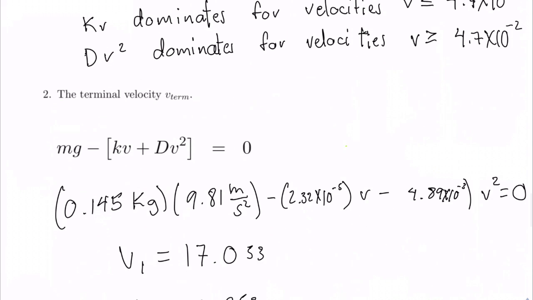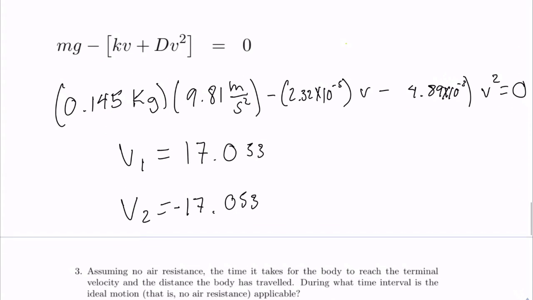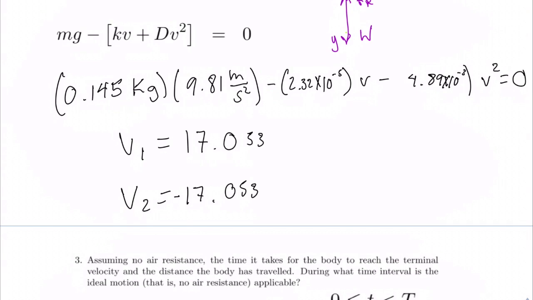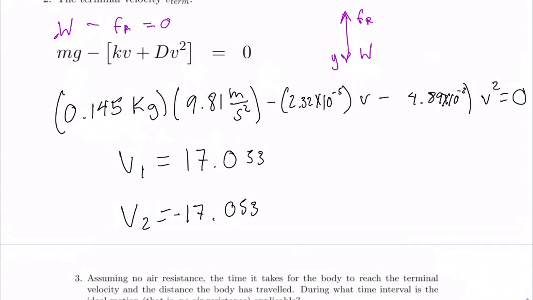Then the terminal velocity. Okay, so we know that the weight is downwards and the fluid resistance is upwards, and we're going to choose the positive direction downwards. So this is the same as this. Then we plug in the values in the next formula.